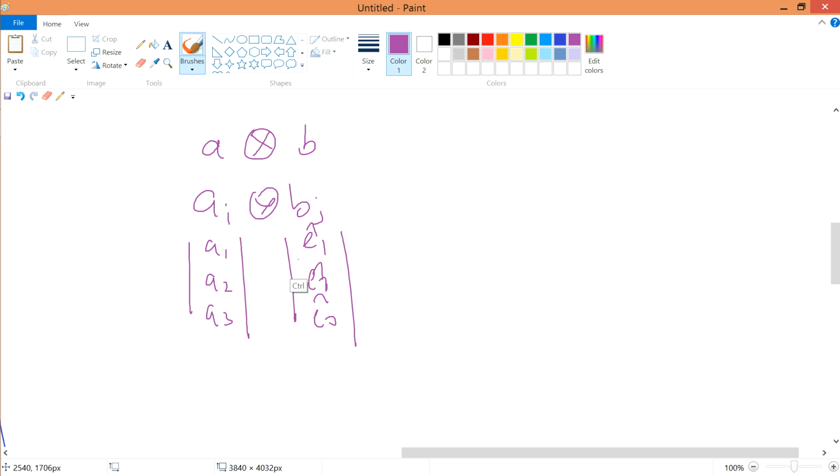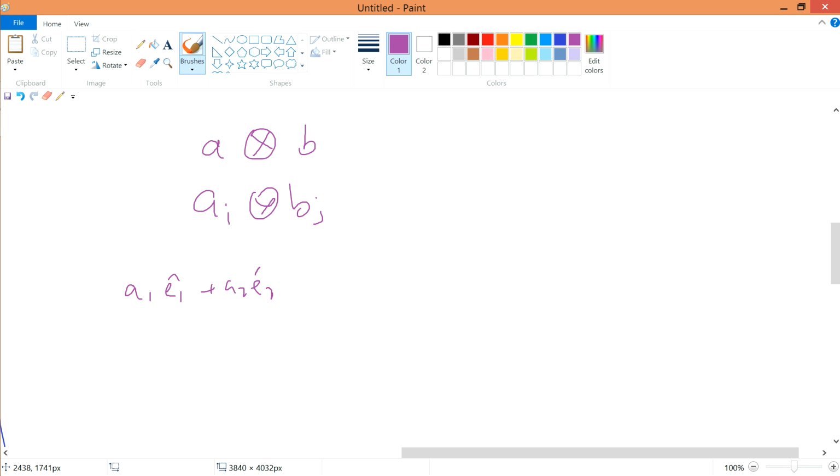Okay, so in other words, we have A1 E1 hat plus A2 E2 hat plus A3 E3 hat inside this Ai. Alright, so I just want to make things pretty simple for this case.